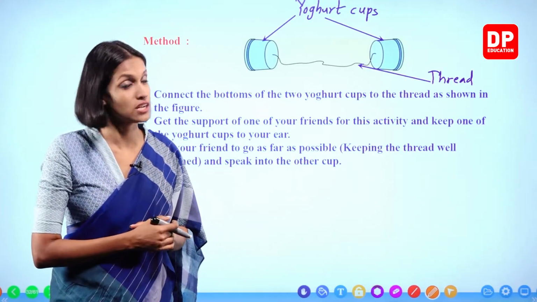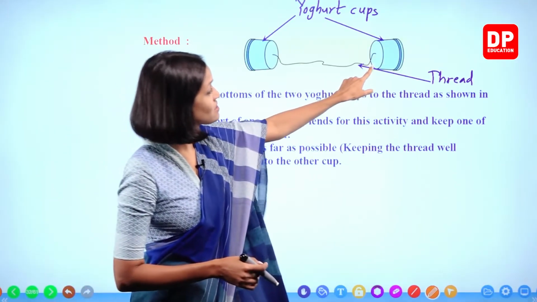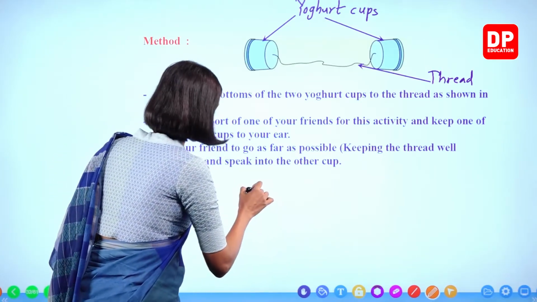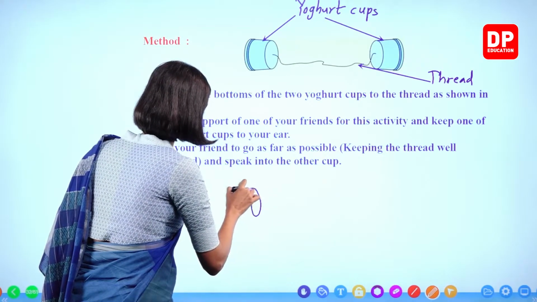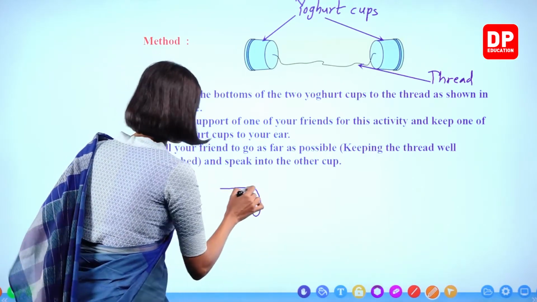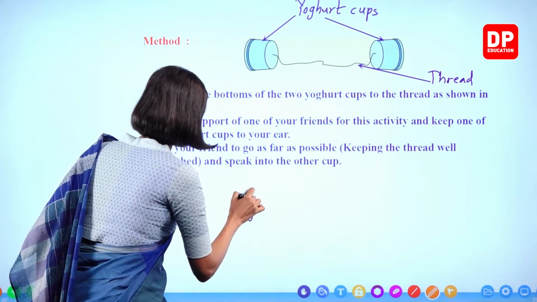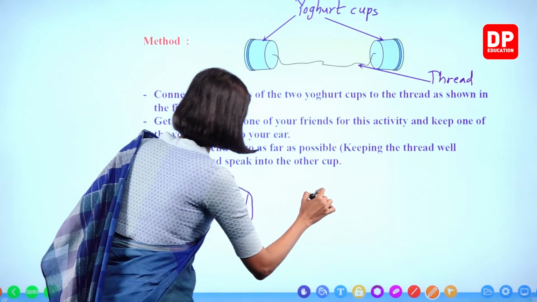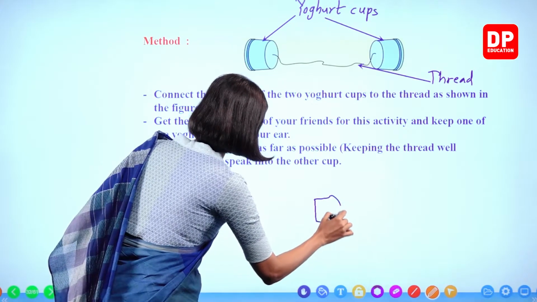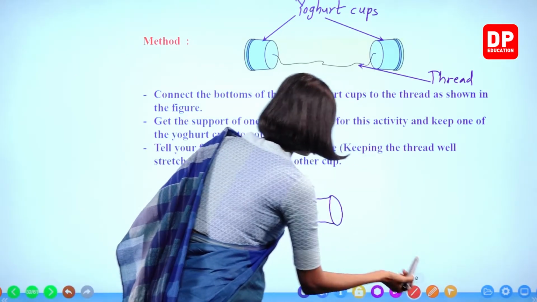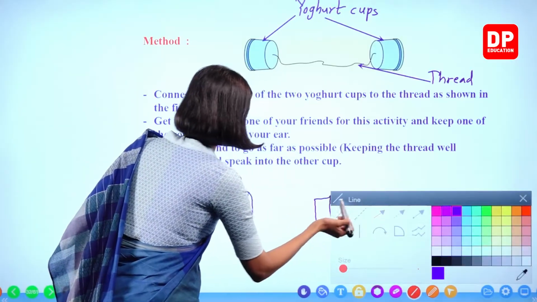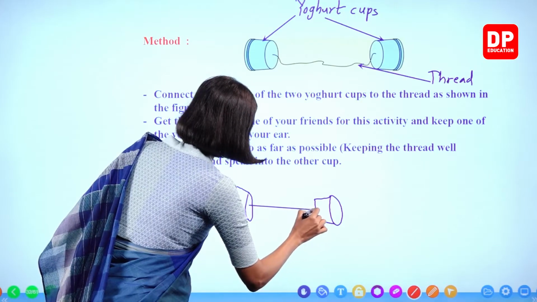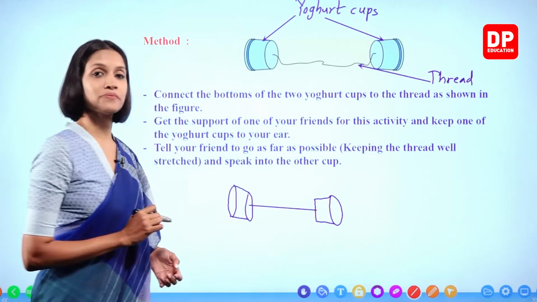But there's one condition. To hear the sound very clearly, this thread should be well stretched. If these two are the cups, if this is how you keep them, when you are using it, this thread should be well stretched and straight.